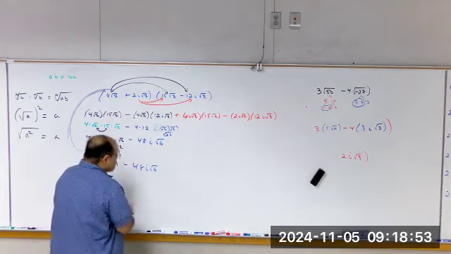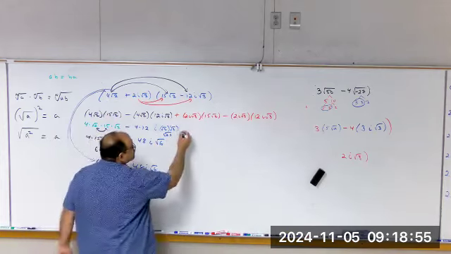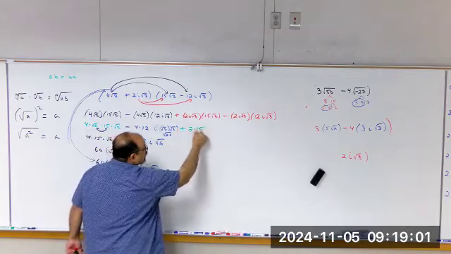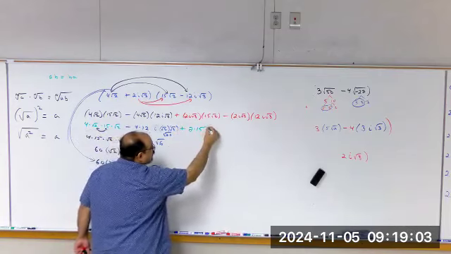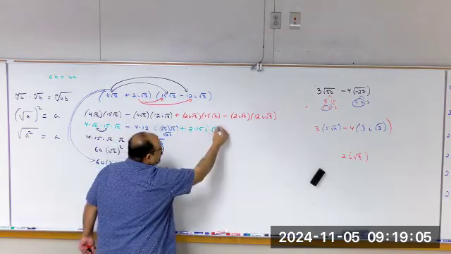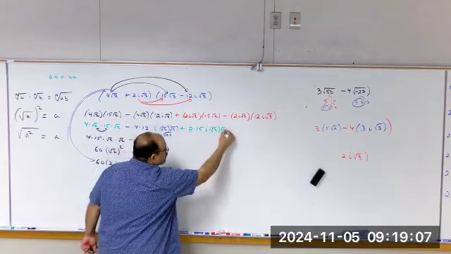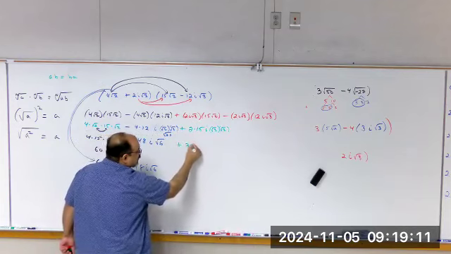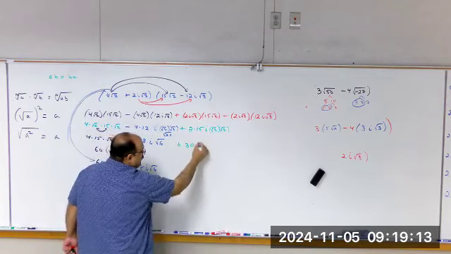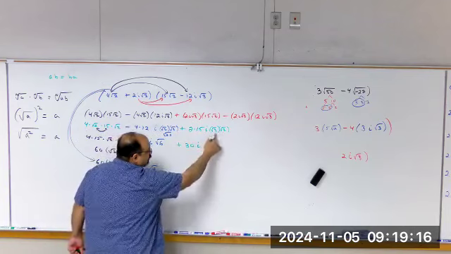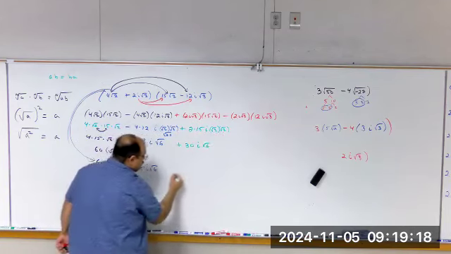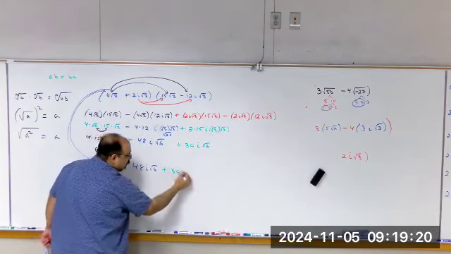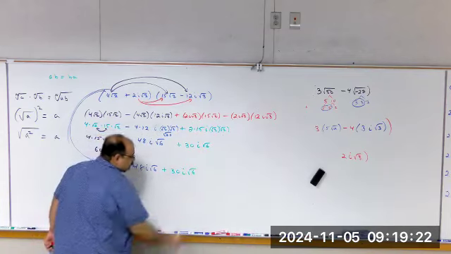We have this plus. We have a 2 times the 15. Don't forget there's an I, and you have a square root 3 and another square root 2. So we have a plus 2 times 15 is 30. And I, square root 3 times square root 2 is a square root 6. So that's a plus 30 I square root of 6.